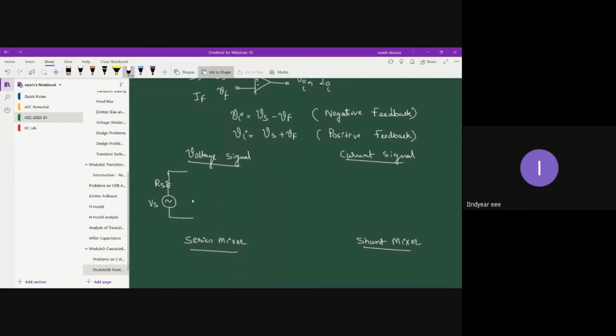In case of series mixing, you mix the source signal Vs with the feedback signal Vf.